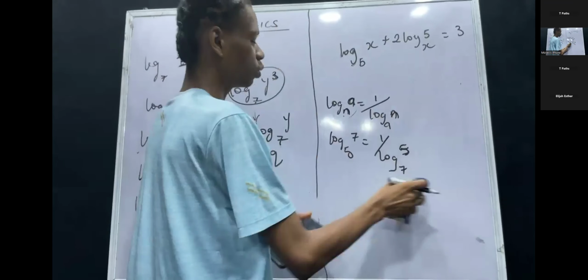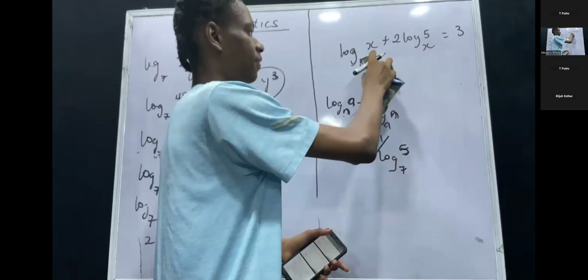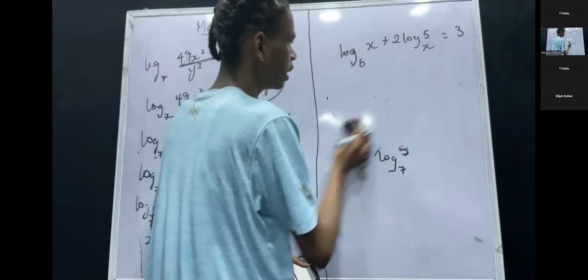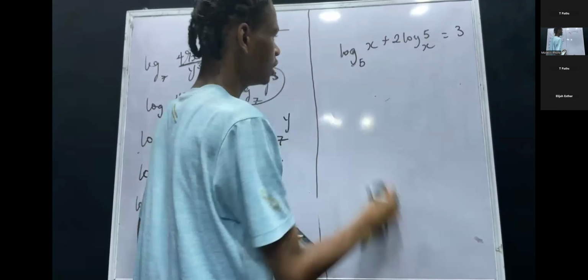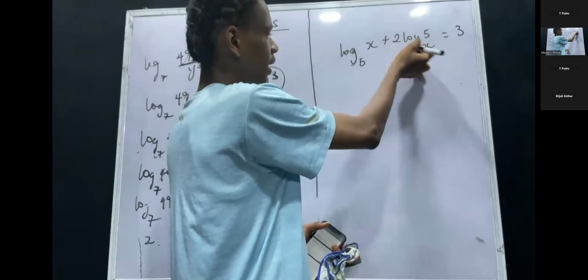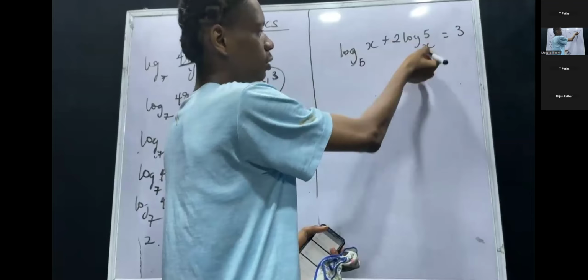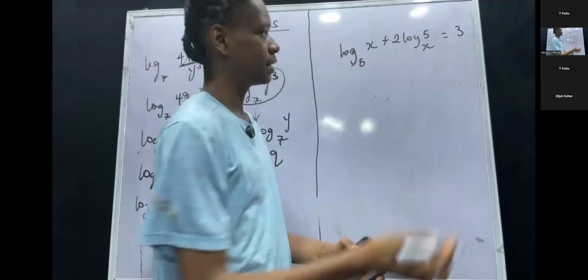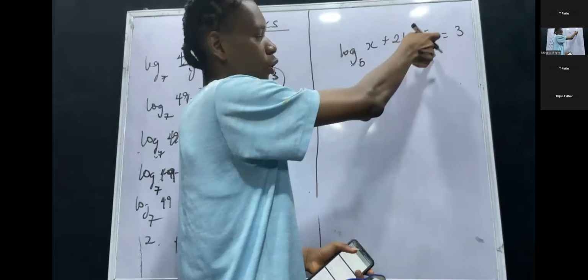All right, so since we know this, we can actually inverse this particular logarithm expression here. So how are we going to do that? What I would like to do is invert the value of my logarithm here to become log x. I can also invert this to become log 5.